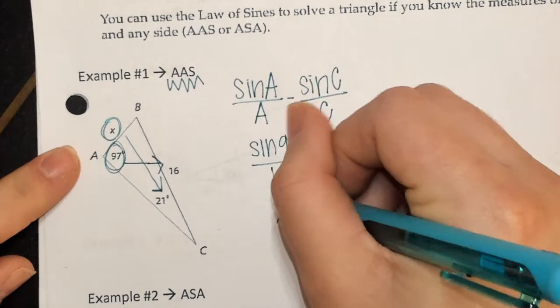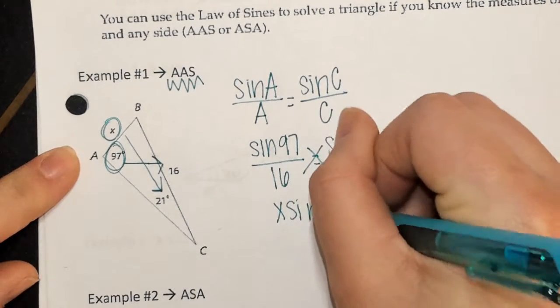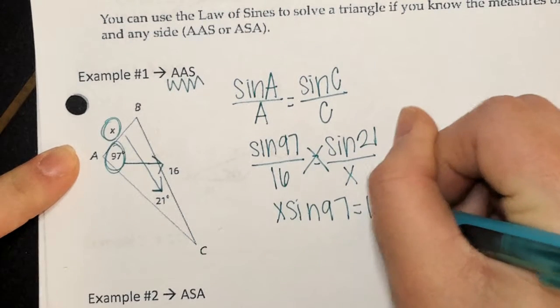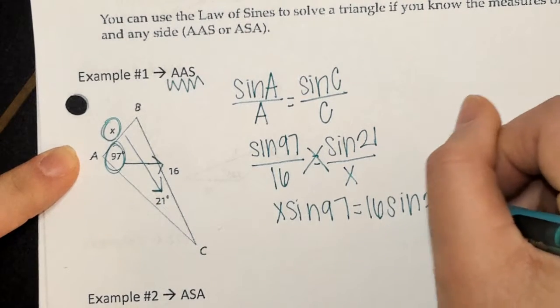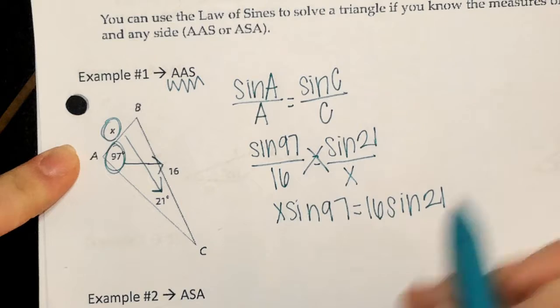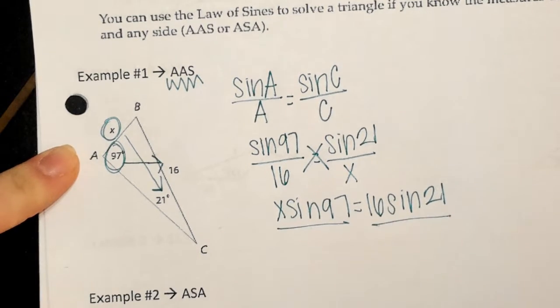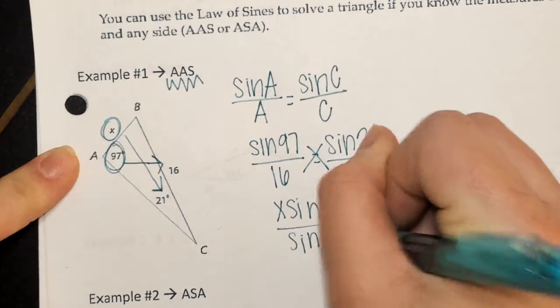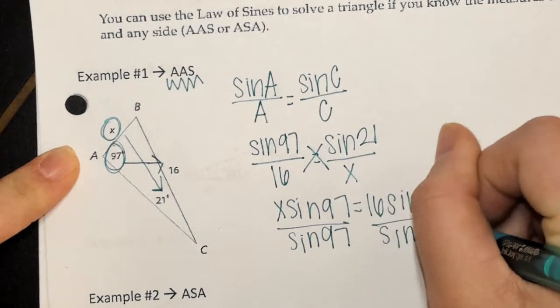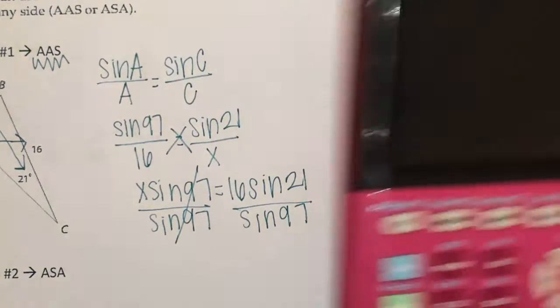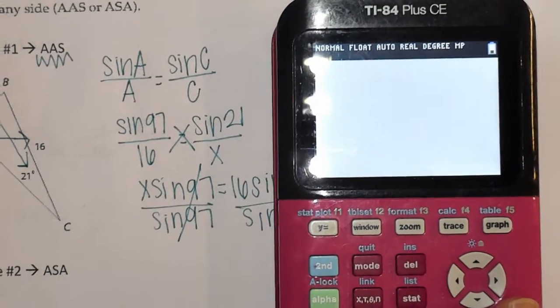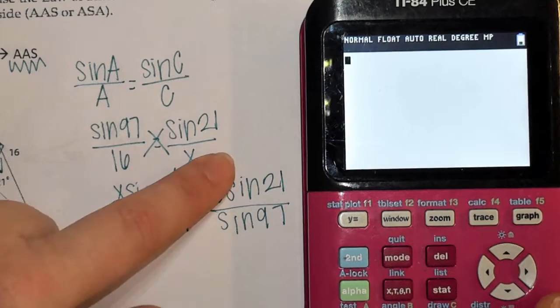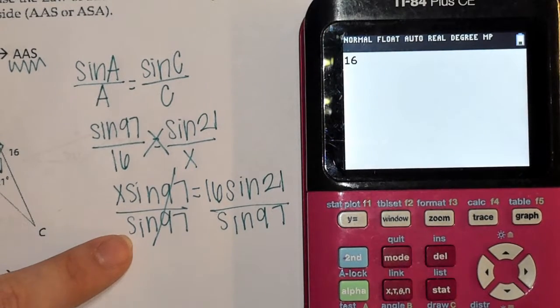So we're going to have X sine of 97 equals 16 sine of 21. And then what do we divide by? Sine of 97. Now, when you plug this in your calculator, after the 21, you need to close your parentheses. 16 sine 21.